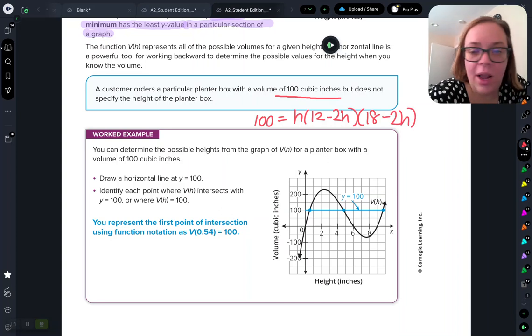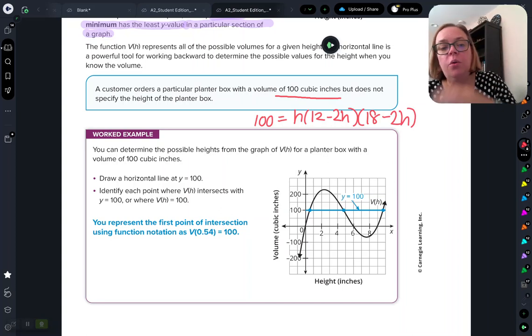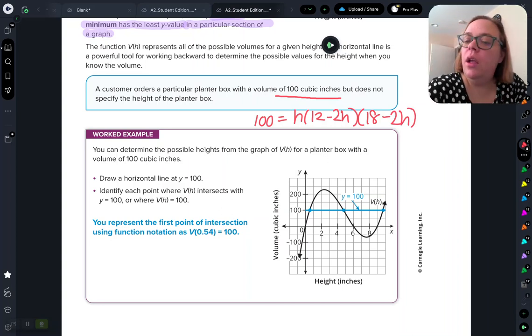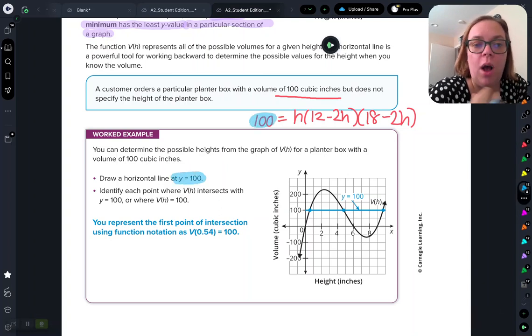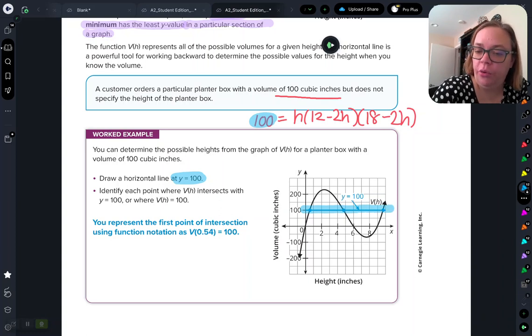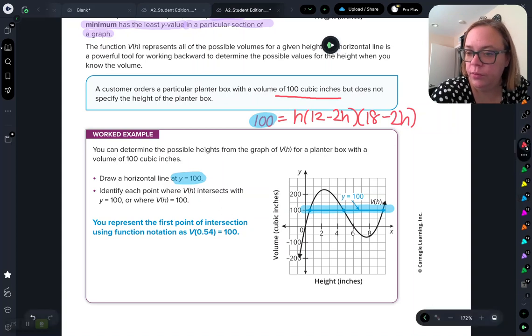But we're not going to solve it algebraically. We're going to look at your graph, and you're going to make a horizontal line at y equals 100, because y is the volume. It's going to go like this. It's going to cut through your function, in this example, 3 times. We want to identify what h's it's going to cut through.